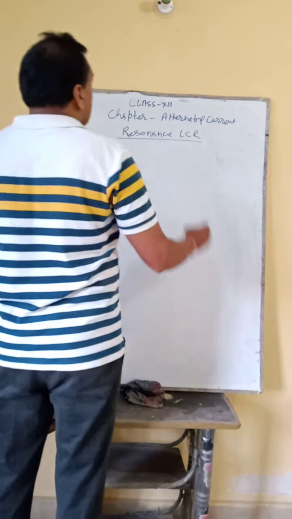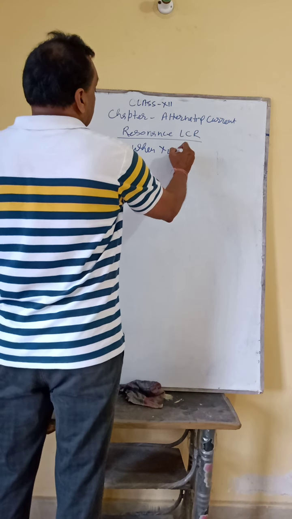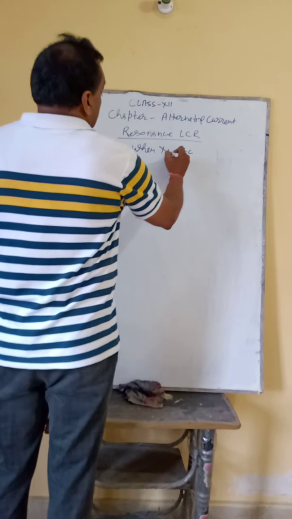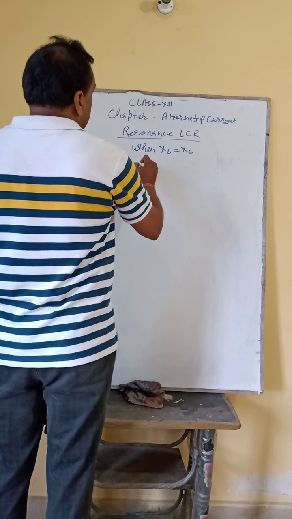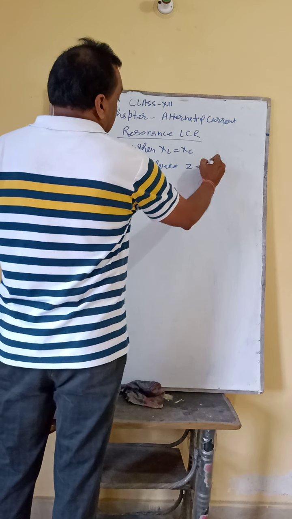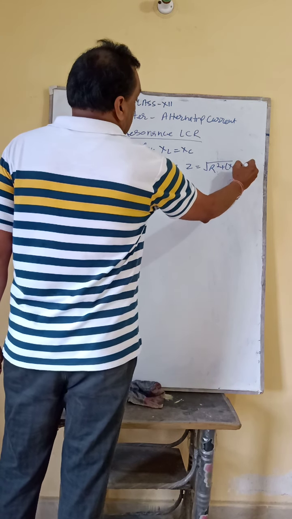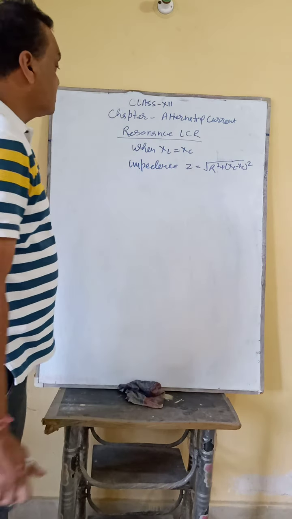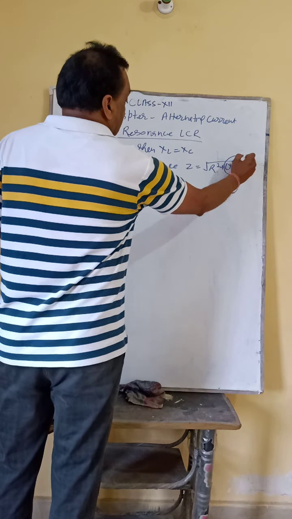See there, when XL is equal to XC, in such a case, what will the impedance be? Impedance of LCR circuit is Z equal to square root of R square plus (XL minus XC) whole square. So in such a case, if XL becomes XC, this term will be 0.